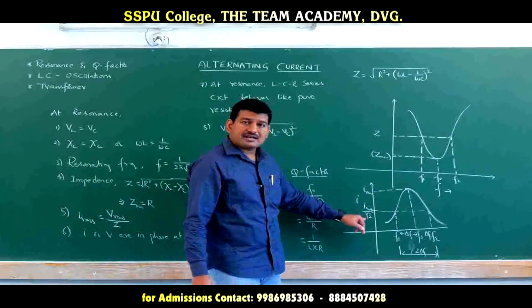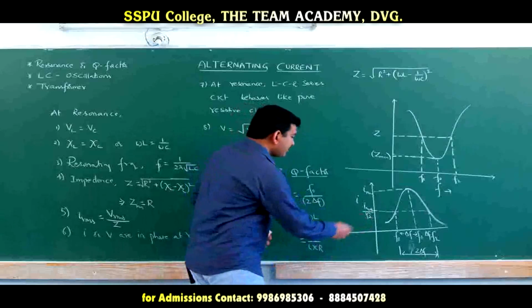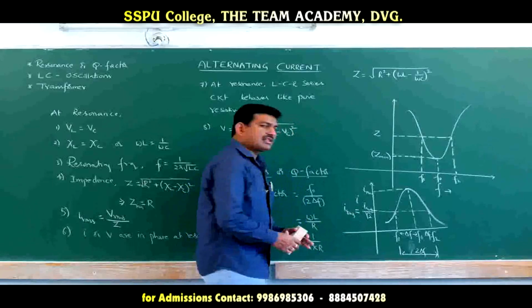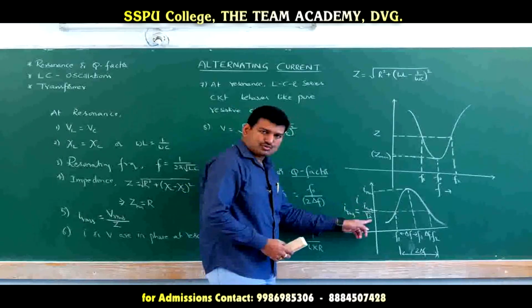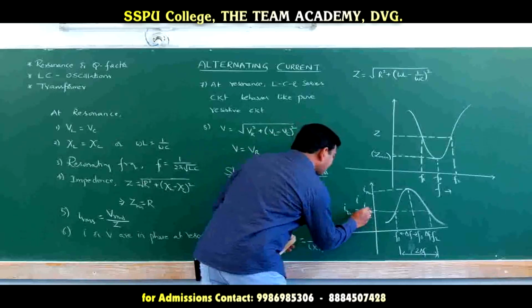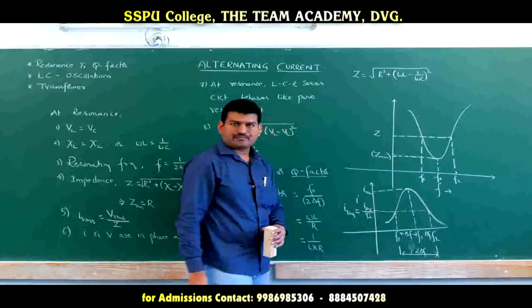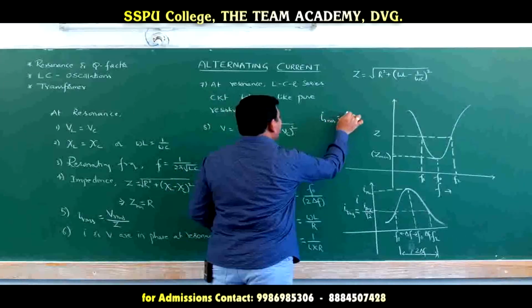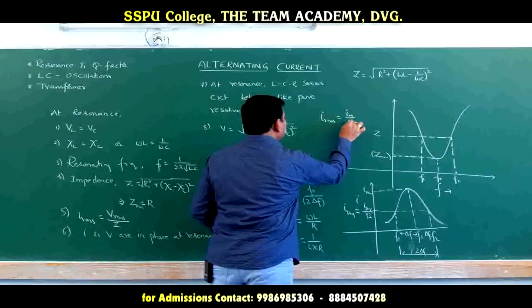What is RMS current? RMS current is nothing but maximum current by root 2. Already we discussed that I RMS is equal to I maximum by root 2.